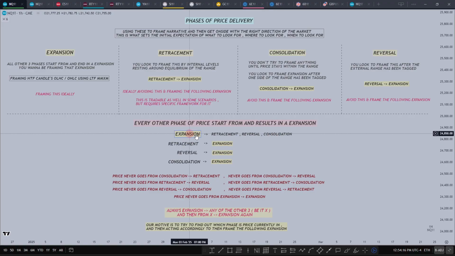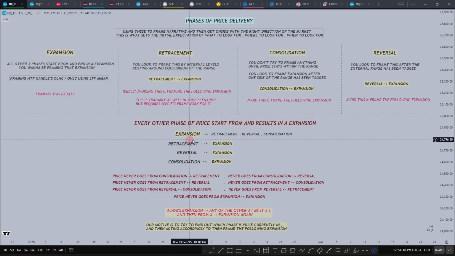Expansion to then any other phase, could be retracement, could be reversal, could be consolidation. It is your duty to find out which is the new phase and then act accordingly with the specific protocol for every other phase. Once you have determined the relevant phase, you know the next phase is going to be expansion, because price can't go from retracement to reversal or retracement to consolidation or reversal to retracement, reversal to consolidation.